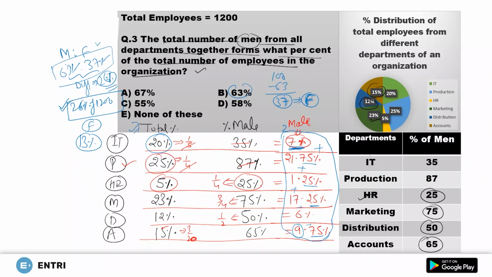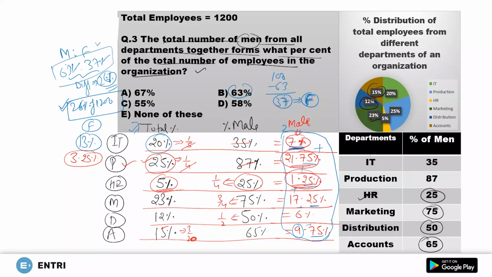You have in production department 25% total. Out of those total, 21.75 are male. What are female? Just subtract 21.75 from this 25. You will get 3.25 in the production. In HR, if total is 5, you are getting 1.25 as male.